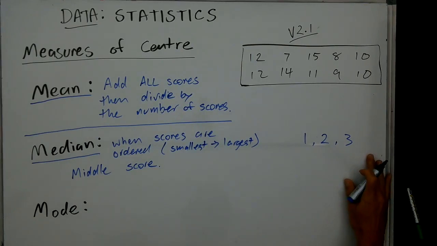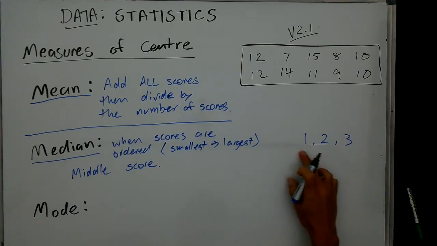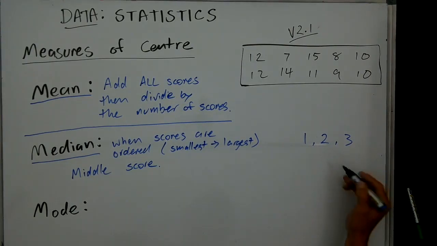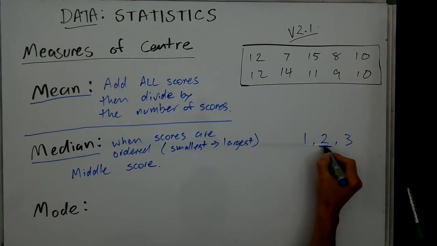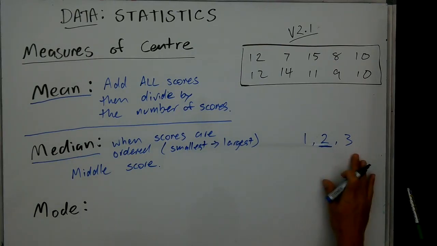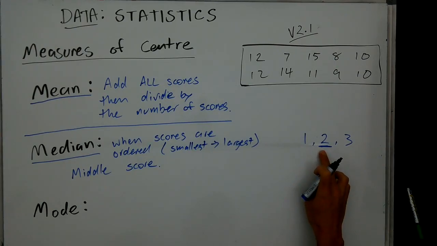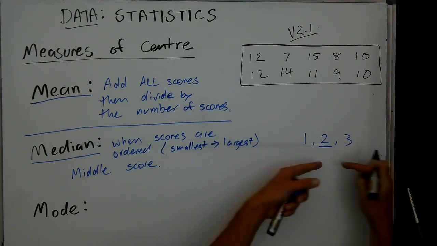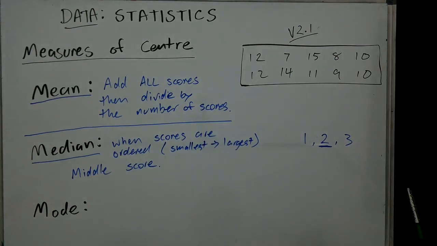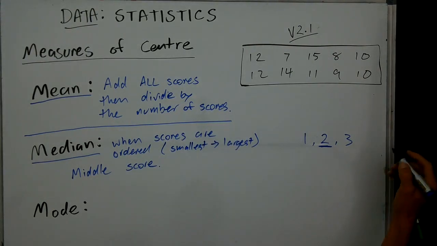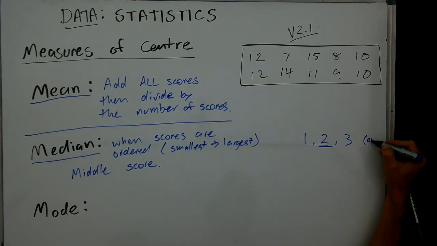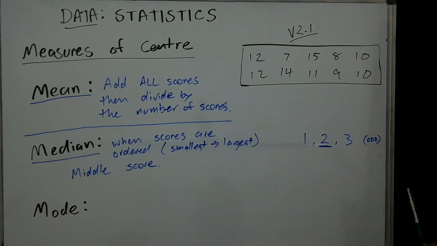Because we've got an odd number of them, we've got one member in the middle. So the median of 1, 2, 3 is 2, because it's the middlemost term. That will tend to happen when we've got an odd number of terms.